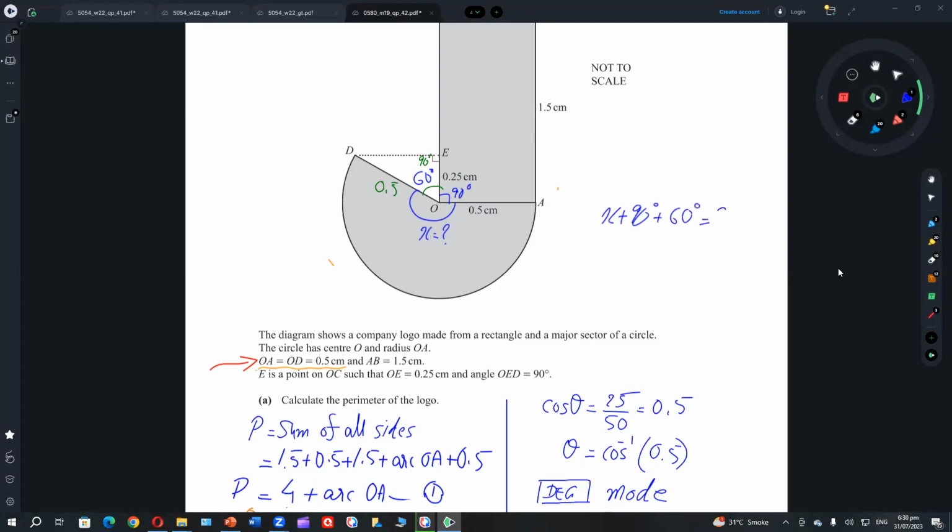The whole circle is always 360. So now solve this. Sir, the angle is 210.